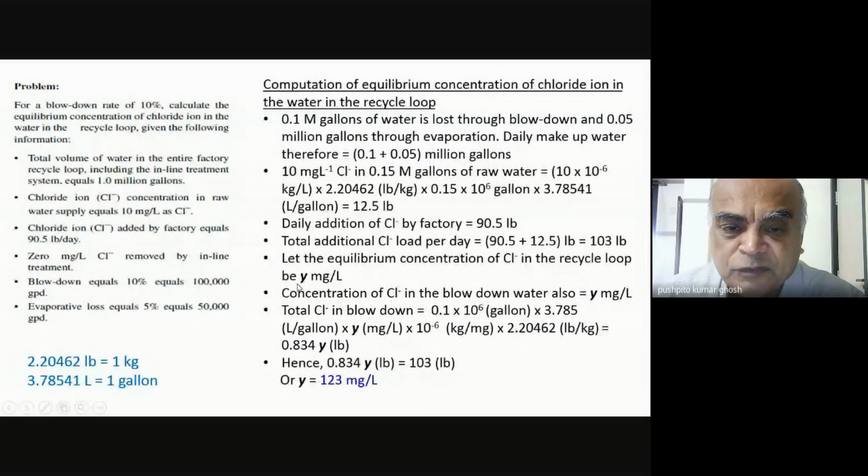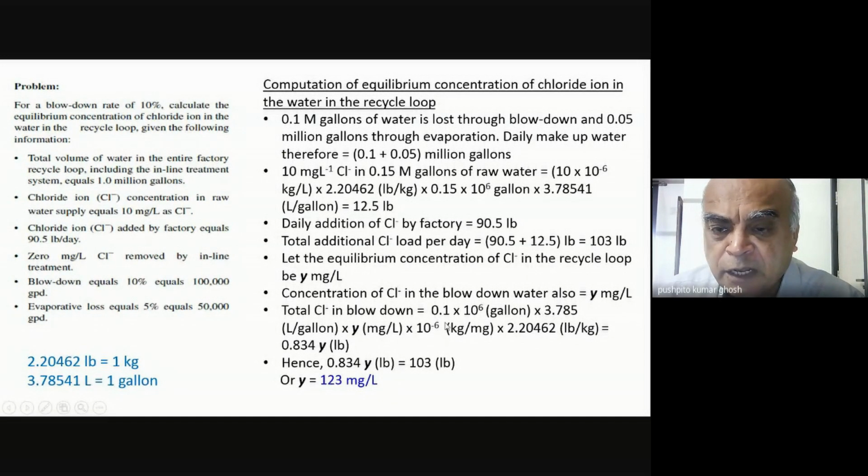So suppose its concentration is y ppm, y milligram per liter. Whatever is there in my recycle loop is the same as what I'm blowing down. It's not a different water, it's the same water. So the total amount of chloride in my blowdown will be equal to 0.1 into 10 to the power 6 gallons, because 1 million is what is there in my loop and 10% of that.